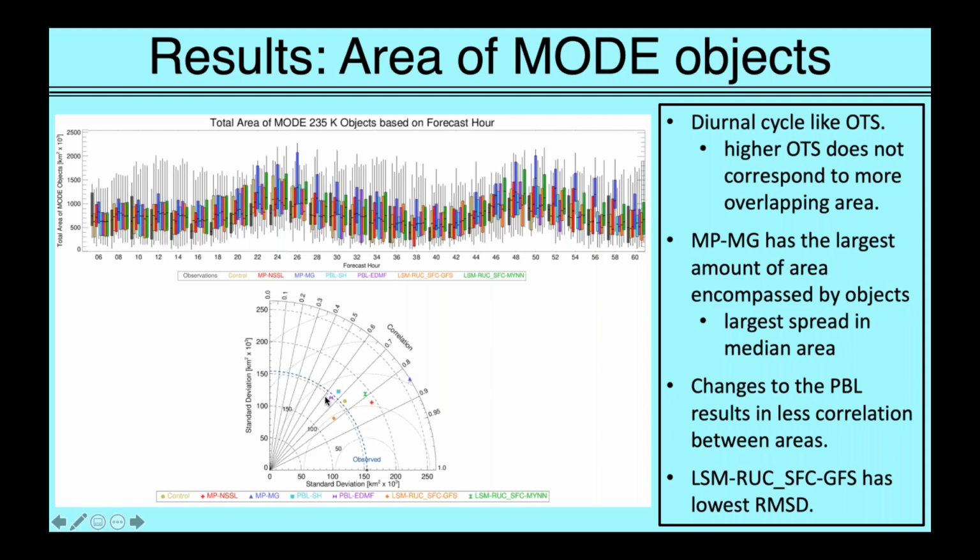Pretty much what that means is that it doesn't quite follow the diurnal cycle in the observation objects as closely as it does for the other configurations. And our LSM-RUC surface GFS model has the lowest root mean squared difference.